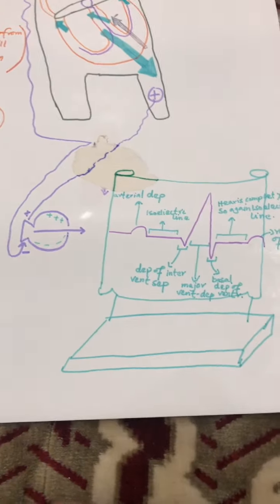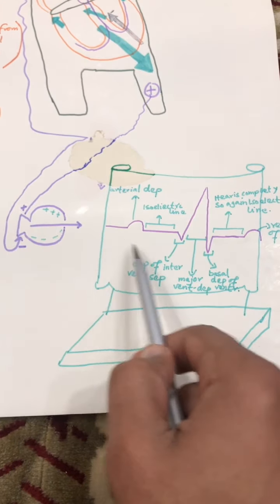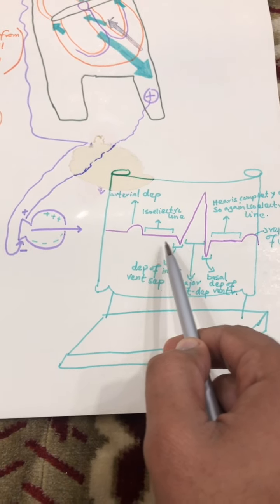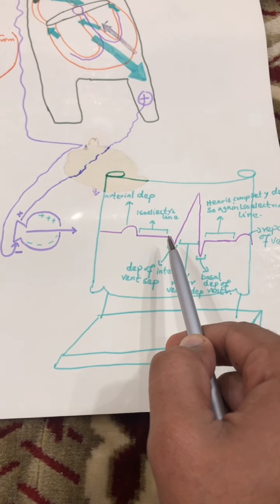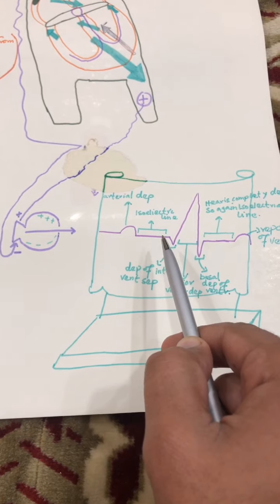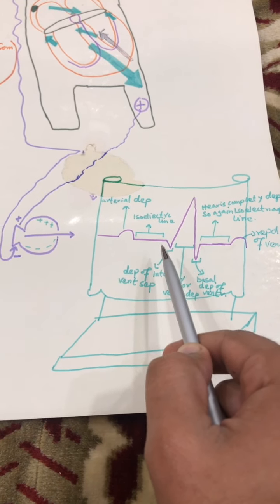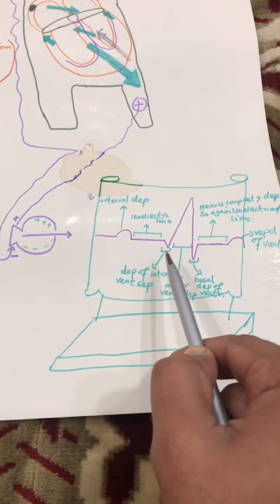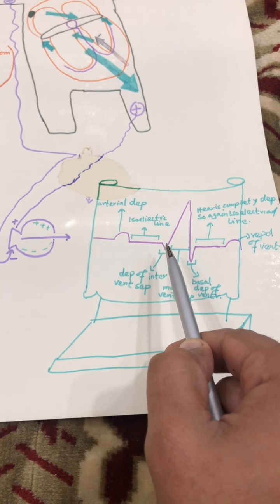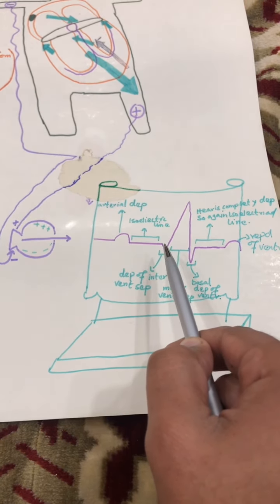Now if the paper is rolling and the needle is deflected upward, it is going to produce this T wave. Okay, so the P wave is depolarization of the atrium. Then this isoelectric line shows the current is passing through the SA node. This shows the depolarization of the interventricular septum, which is the Q wave.